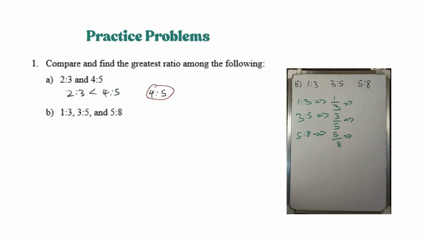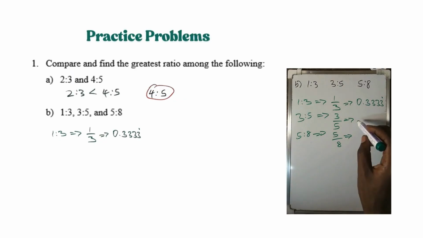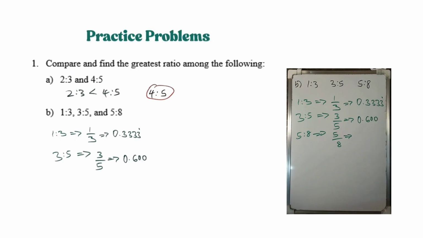That will be 1 divided by 3, which is 0.3333 recurring. The second one is 3 divided by 5, which is 0.6. Then 5 divided by 8 is 0.625.